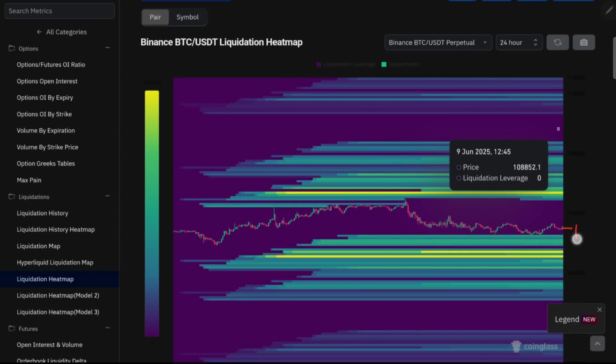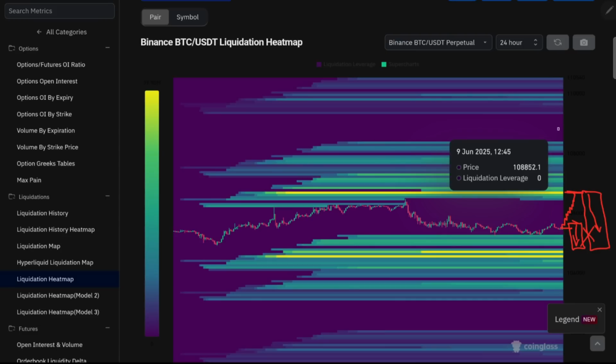And similarly, if they want to go short, they will not go short from here. They will manipulate, push the prices to this level, liquidate everyone, and grab liquidity here, and they'll go short from here. So if they go short from here, then they'll make only this much profit. But if they go short from here, then they'll make all this huge profit.